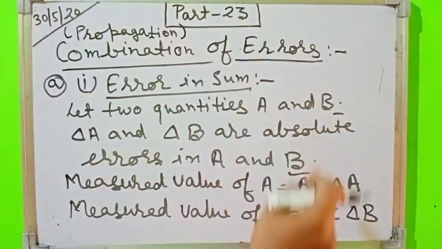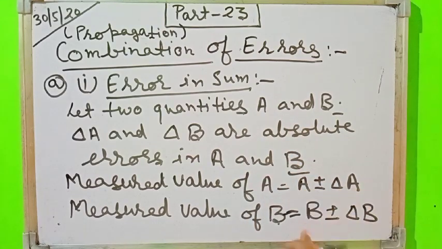So A can be expressed as A plus minus delta A and B as B plus minus delta B.